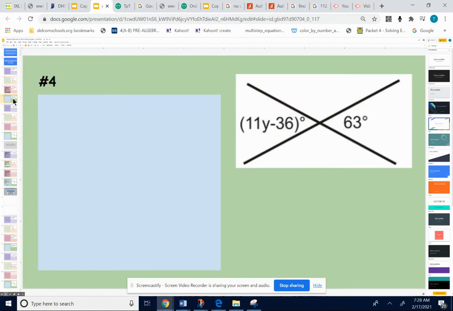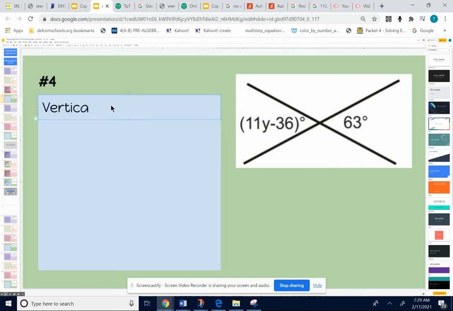Actually, one more problem we're going to do in the video. We have a picture of 2 intersecting lines, angles opposite each other. Do you remember what those are? Those are vertical angles, and they don't add up to anything special, but they're equal to each other, they're congruent.